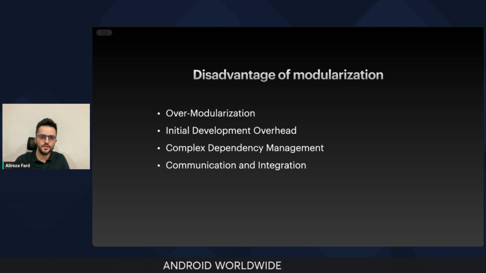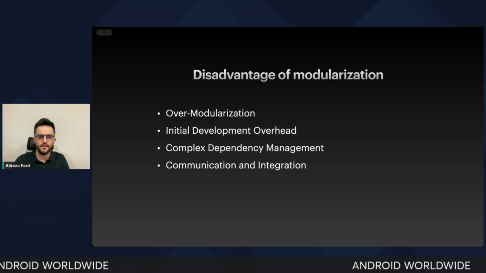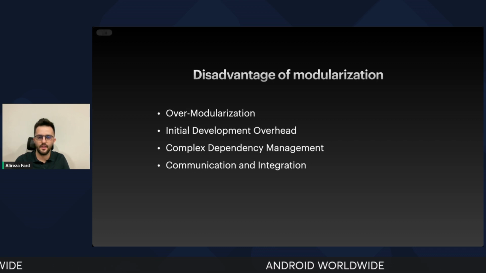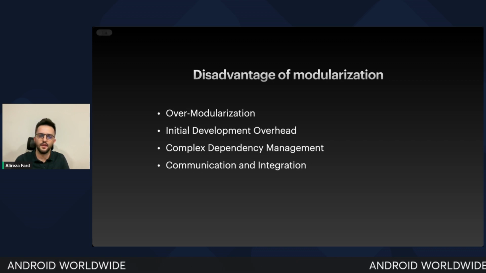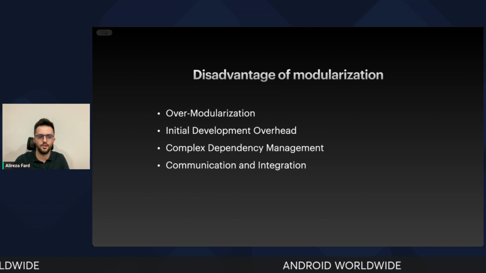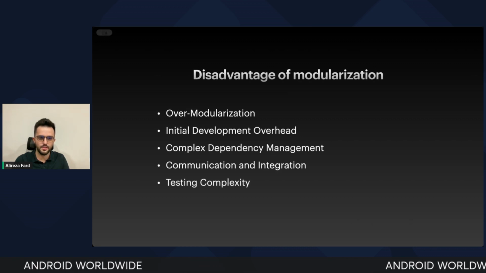Communication between modules should be clearly defined, and based on their interface, they should expose only essential functionality to other modules. If you ignore this part, you will have problems in the implementation of modularization.